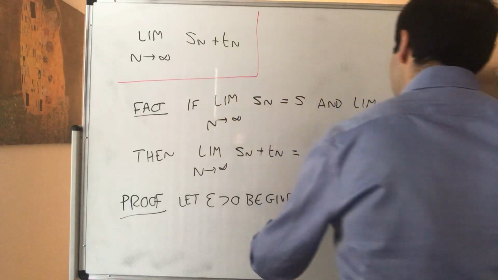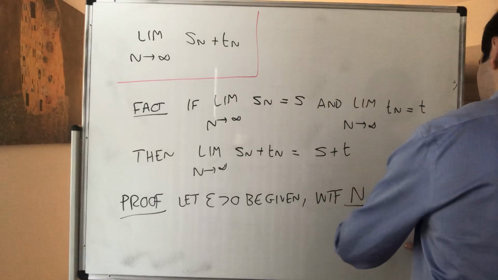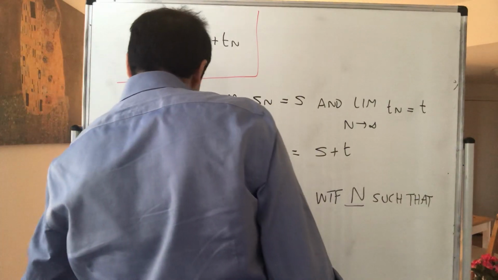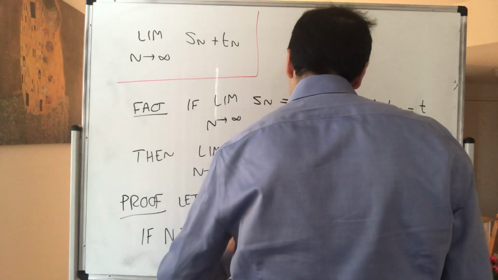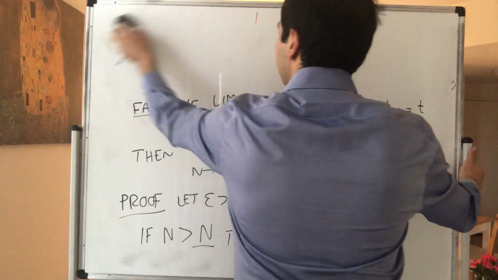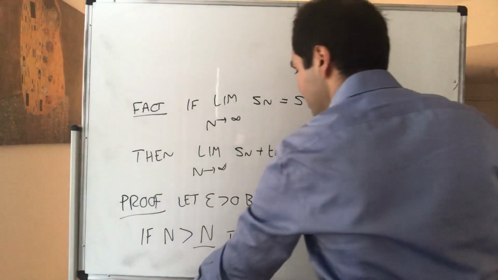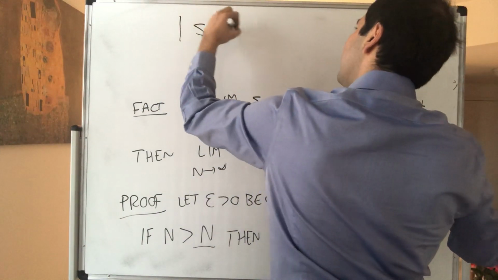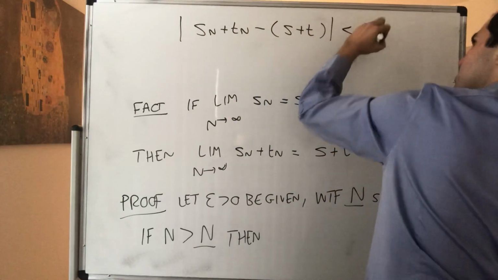And what we want to do, we want to find N such that if n is bigger than N, then we have that the difference between Sn plus Tn and S plus T is less than epsilon. Then Sn plus Tn minus S plus T is less than epsilon.